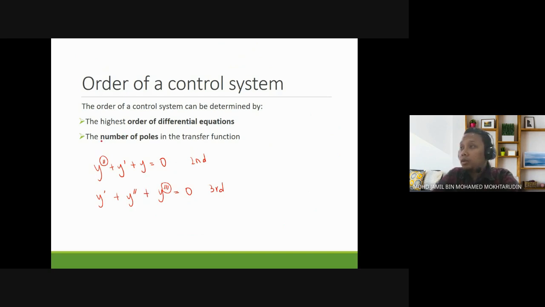So this is how you look at the order of a system. Or sometimes you can look at the number of poles. Let's look at G(s) that we have previously: (s+3) divided by (s+2)(s+3)(s+5). Here, G(s) has 3 poles, one pole here, here, and here. So when G(s) has 3 poles, it means that G(s) is a third order system.